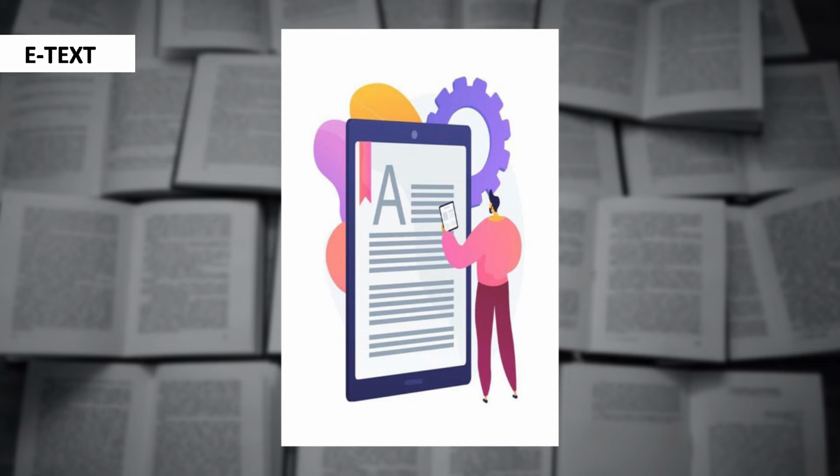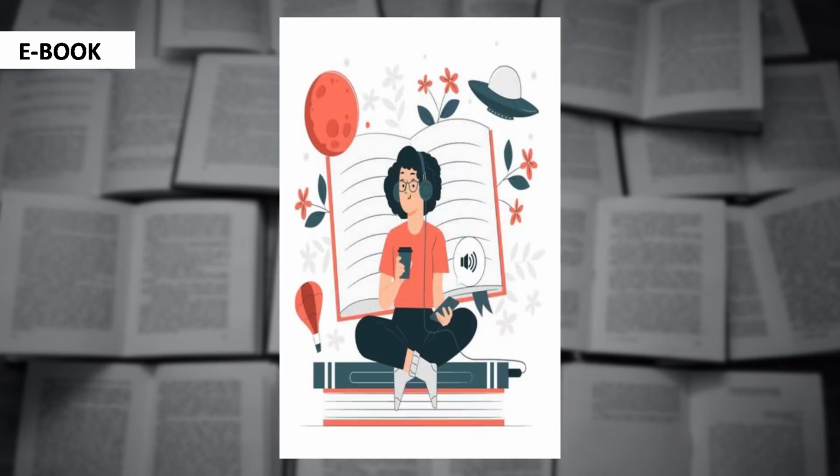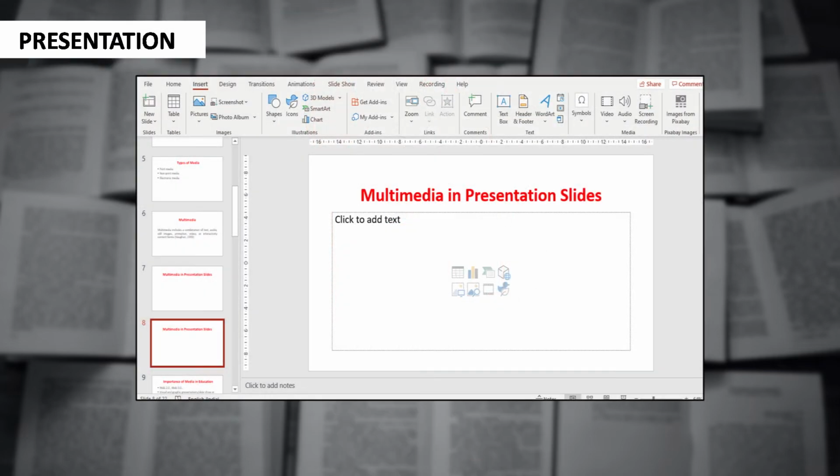So that can also be made OER. An entire book can be made as an e-book. Then a PowerPoint presentation. So we can make all these digital resources an OER.